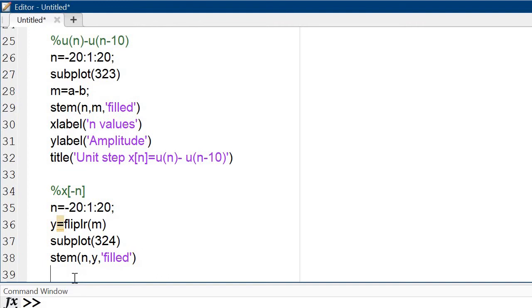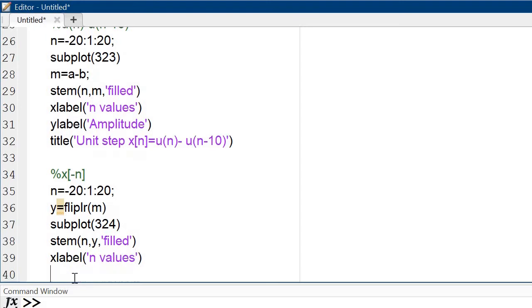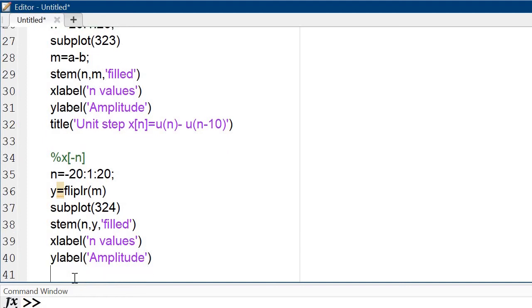Then after that use the x label command, that is n values, the y label command, and in the case of y label, amplitude. Then after that use the title command.